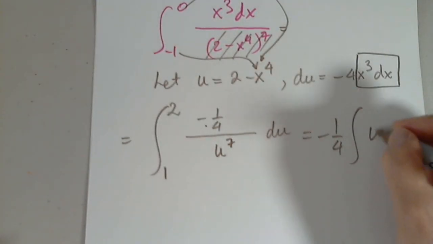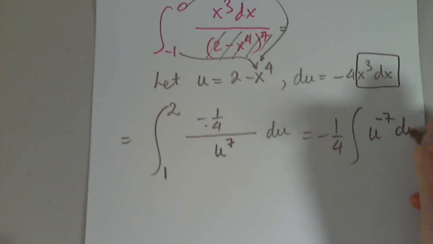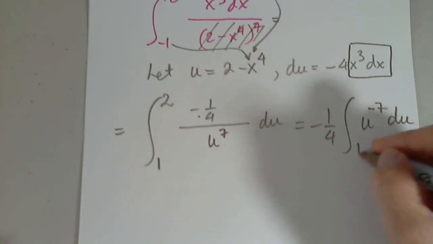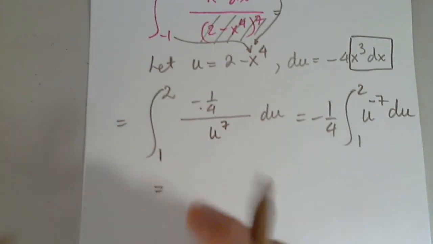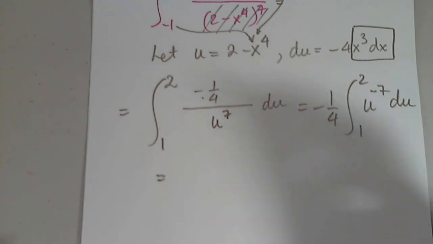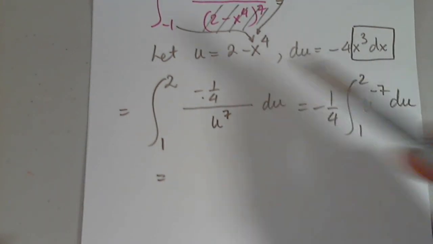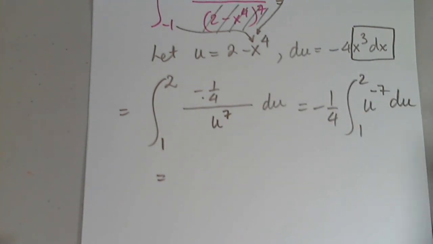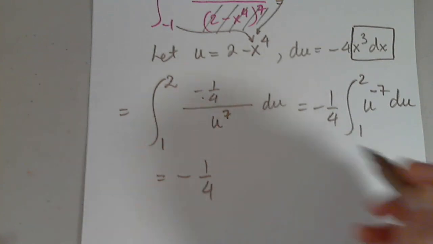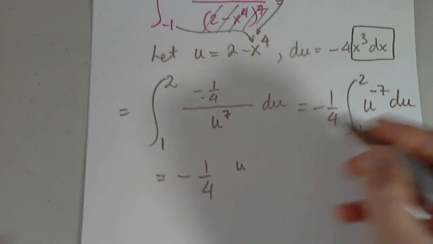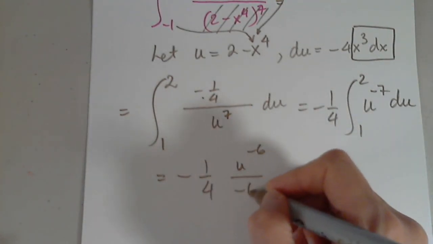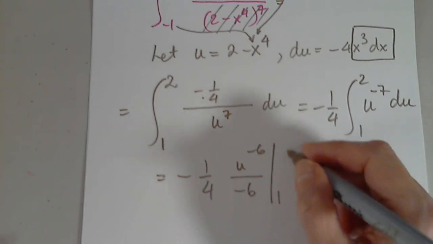The integral of u to -7 du from 1 to 2. There is no need to go back to the variable x, because this is a number. So -1/4 u to -7 plus 1 over that number from 1 to 2.